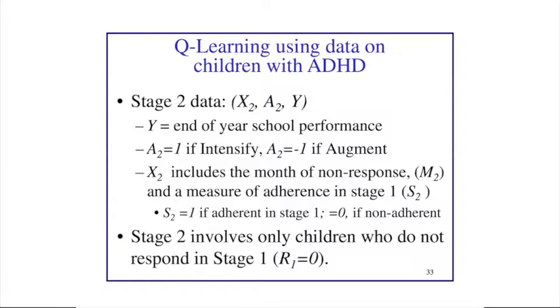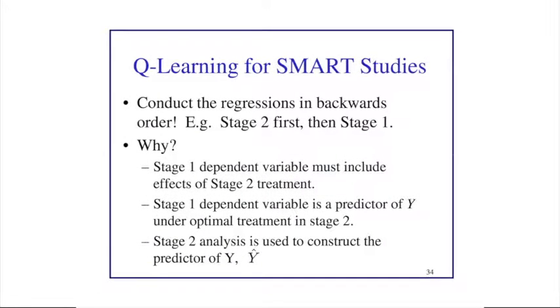Okay, so as I said, Q-learning is an extension of regression to multiple decisions. How do we conduct it? We go backwards in time. That's the dynamic programming aspect. So we conduct our stage 2 regression first. The reason is that in order to conduct a stage 1 regression, we need an outcome, a dependent variable for the stage 1 regression, and that dependent variable is constructed in the stage 2 regression.